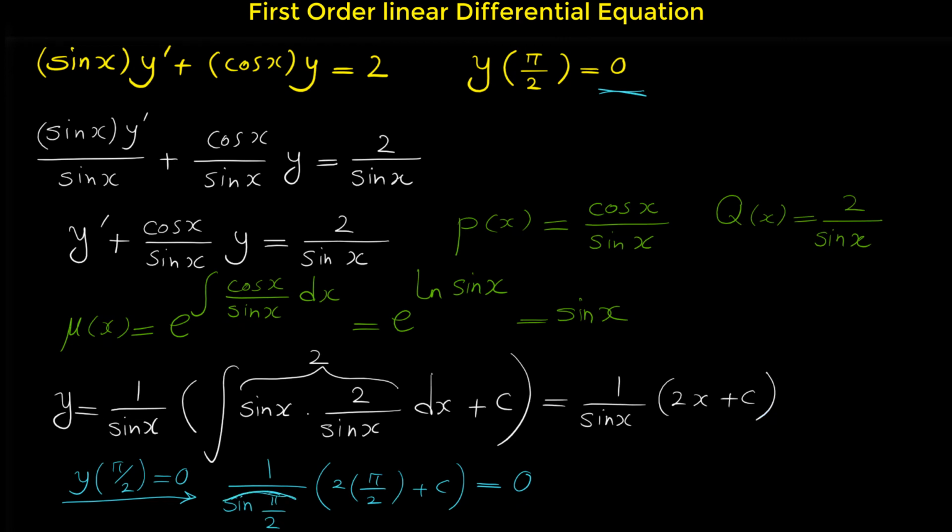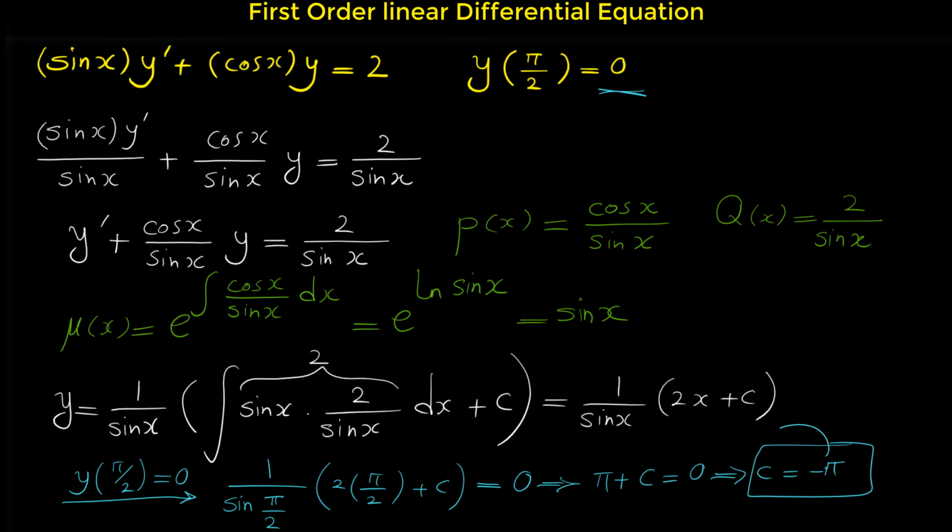Sine of pi over 2 is 1, so this fraction is 1, and we have to set this bracket equal to 0. So we have pi plus c equals 0. Note that 2 times pi over 2 is pi. And from here, c equals negative pi.